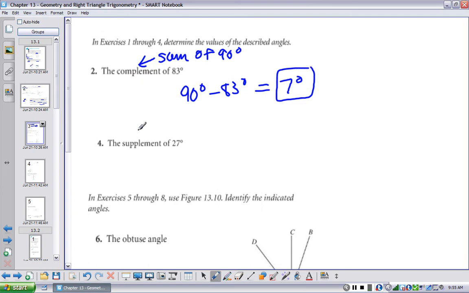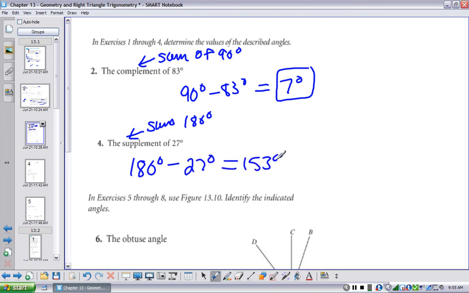Okay? For supplementary angles, you have a sum of 180 degrees. So they want us to find the supplement of 27. So 180 minus 27 degrees is 153 degrees. Okay? Complementary and supplementary angles.